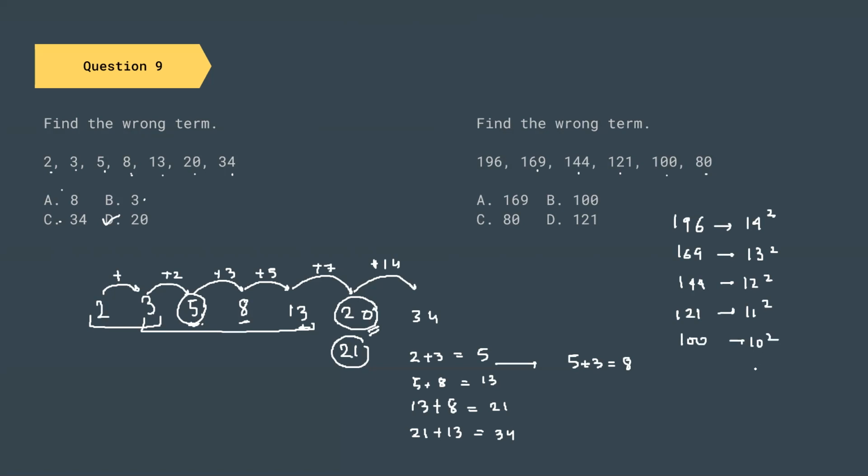So by that logic, the next number should be 9 squared, and it should be 81 rather than 80. So the correct answer to this question is option C, because 80 is the wrong number in this series. Now that we are done with this question, let us go to the next question.